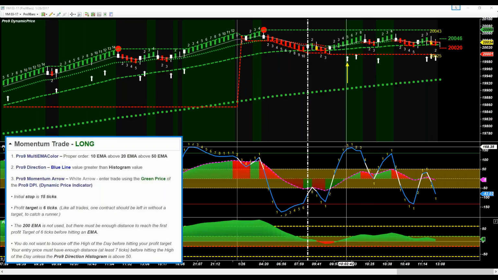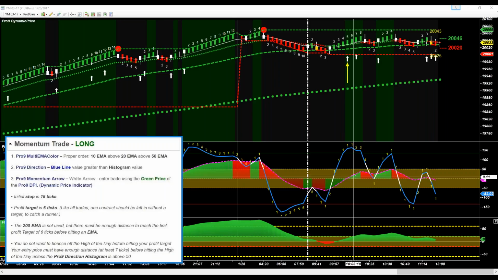And next, for the momentum trade, we're looking for the blue line to be above the histogram, or for the blue line to be above the purple line. And I would like to clarify, as recently this has come up as a point of confusion for some who may have been with Pro9 for a while.